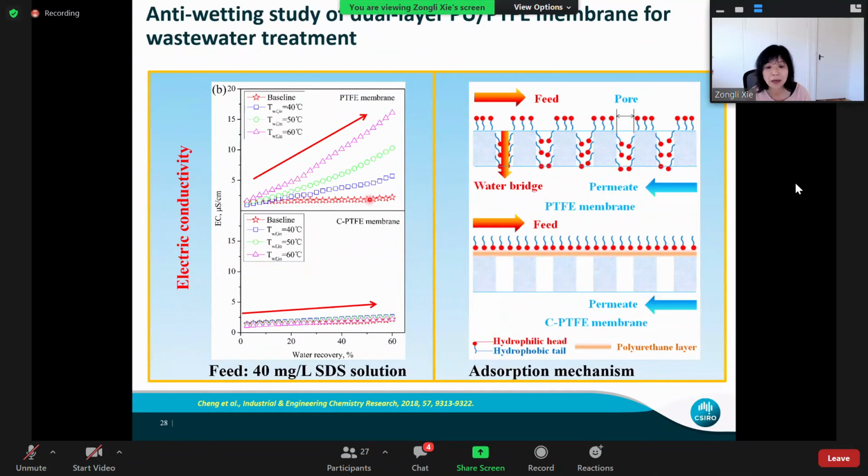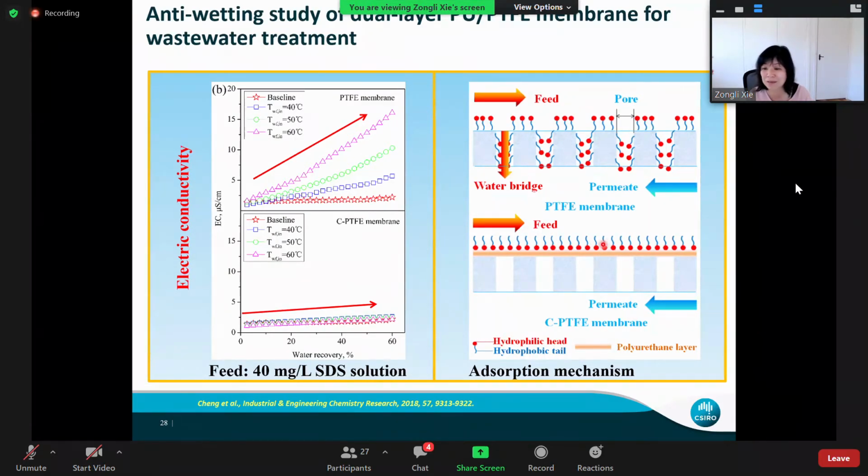So we use that as an indication of how good the membrane's anti-wetting property is. As a comparison, for this composite, the polyurethane coated PTFE membrane, we can see the conductivity stays very stable.